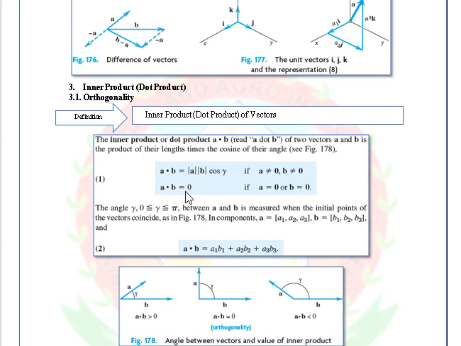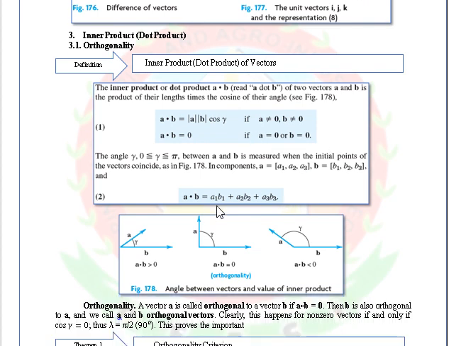Now, if the dot product a dot b is equal to 0, then therefore a is equal to 0 or b is equal to 0, if that exists.